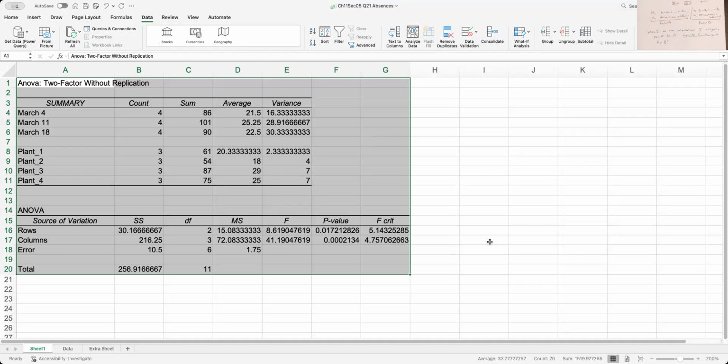It asks, what is the source of the variation from the rows, from the columns? I need you to answer the question. Does which row I'm in matter? That would be which Friday it is, correct? The rows were the dates.